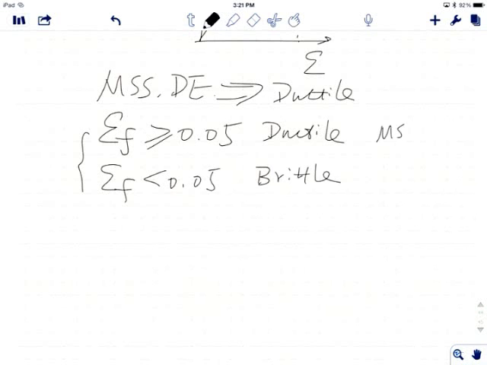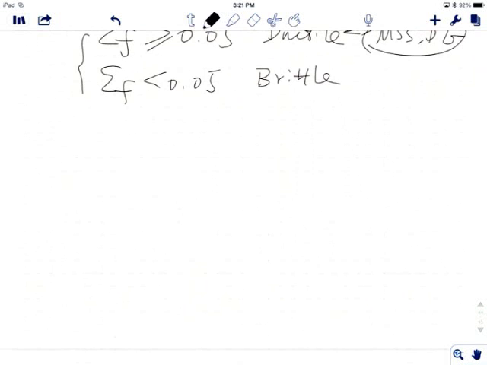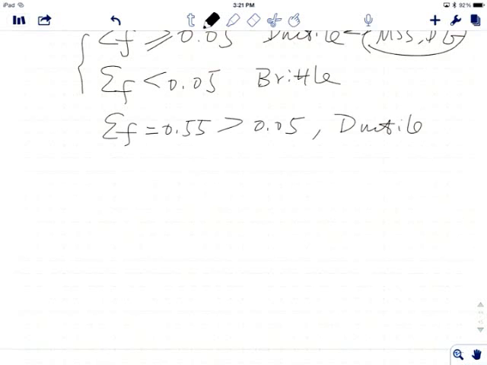So all these criteria we learned can be used, okay? Because the ultimate failure strain we have equals 0.55, which is way higher than 5%. So yes, this checks out.